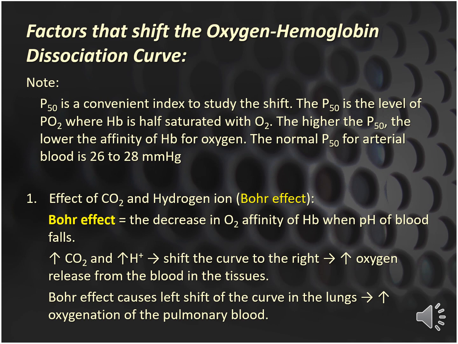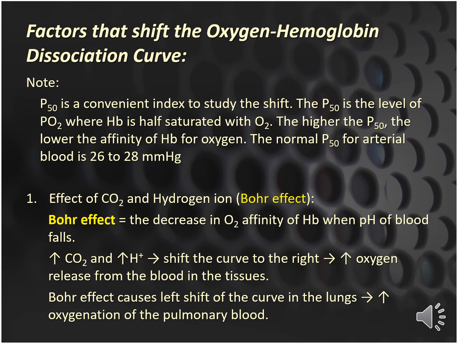The P50 simply is the level of partial pressure where hemoglobin is half saturated with oxygen. And the higher the P50, the lower will be the affinity of the hemoglobin for holding the oxygen. The normal P50 for arterial blood is 26 to 28 millimeter mercury.